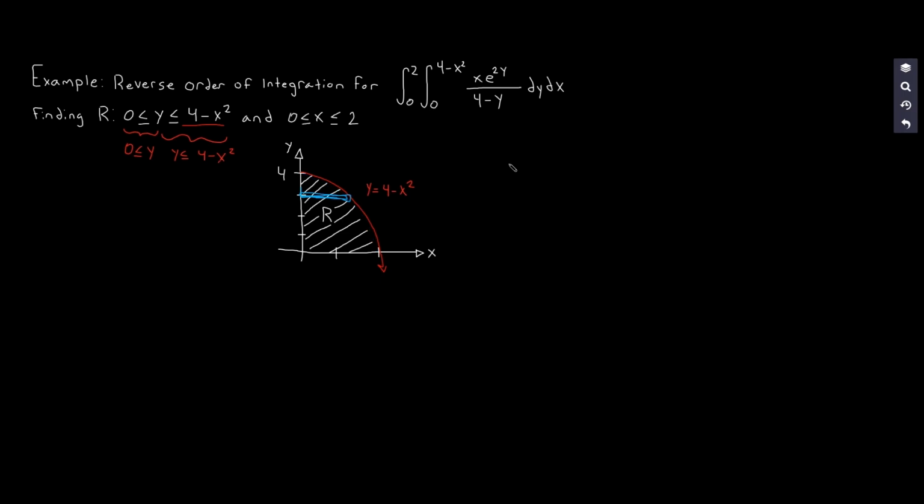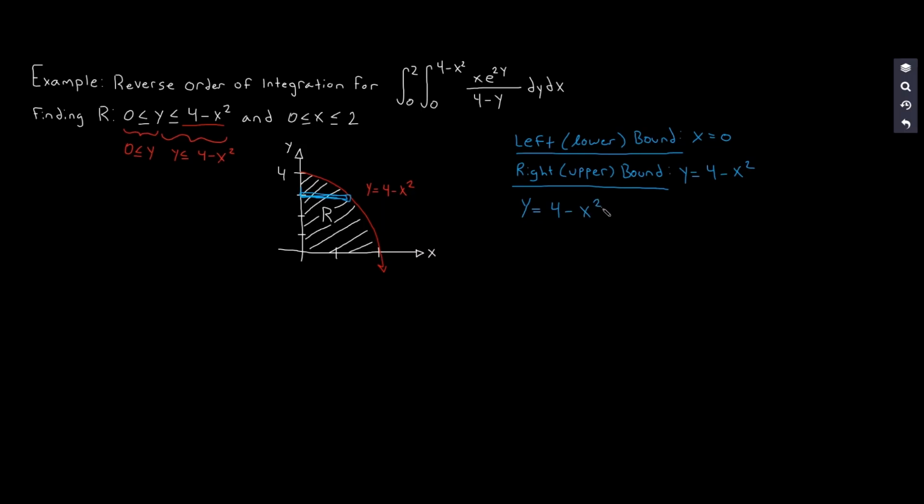So let me be very specific here. Of course, we need to solve y equals 4 minus x squared for x, so we can insert that as our upper bound when we do integration with respect to x. So let's just do that. Y equals 4 minus x squared. I want this with respect to x, so I'm going to add x squared to both sides.